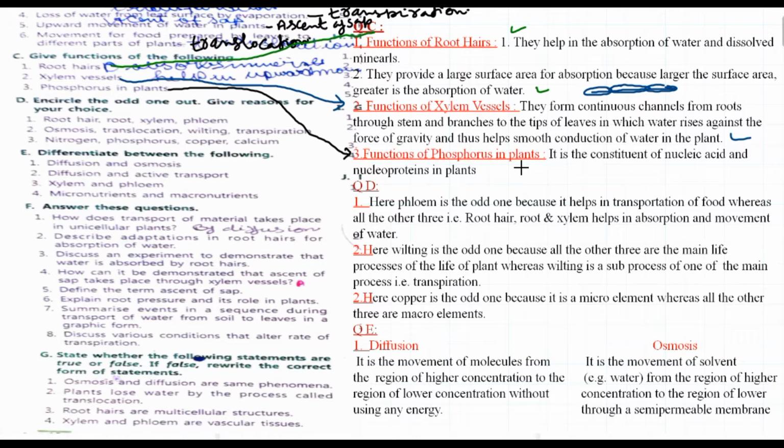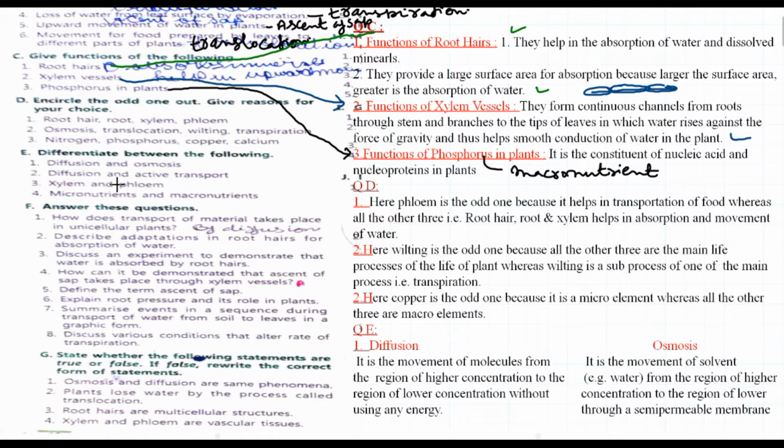Is phosphorus a macronutrient or micronutrient? Phosphorus is a macronutrient. It is an essential element of nucleic acid and nucleoproteins in the plants, which are transferred to the animals when they eat these plants.